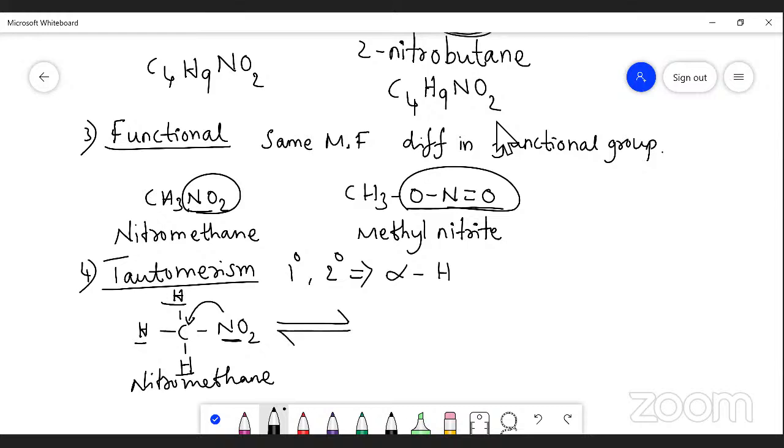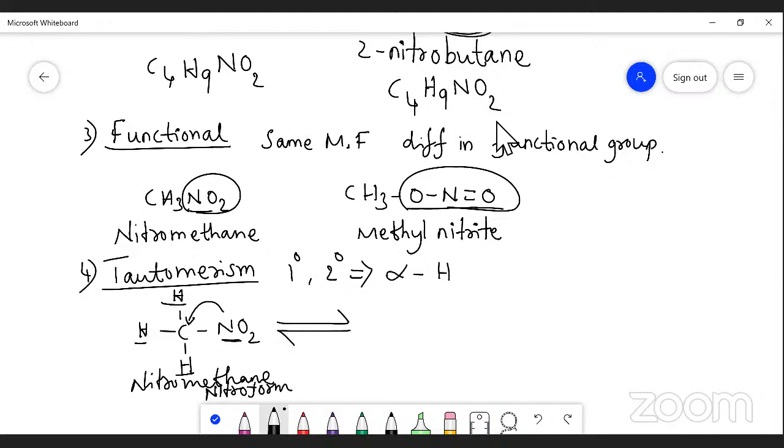That is, tautomerism gives two forms in equilibrium. One is nitro and the second one is aci-nitro. The first one is named the nitroform, containing alpha hydrogen atoms. Now, in tautomerism we have to move the hydrogen from one element to the other.